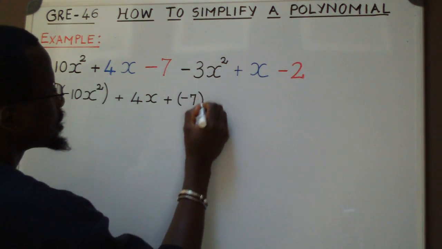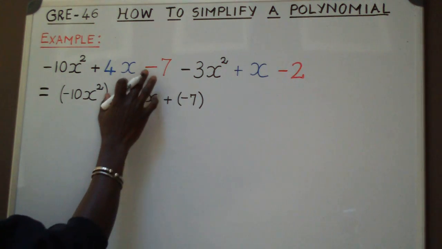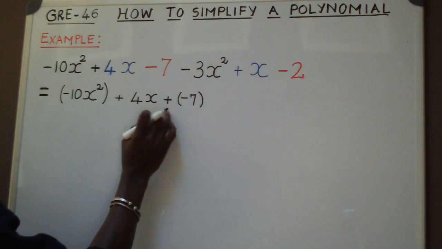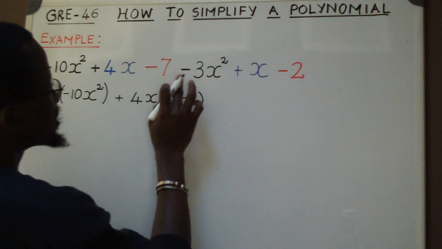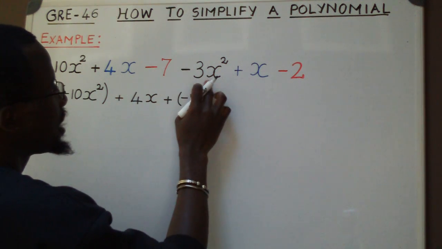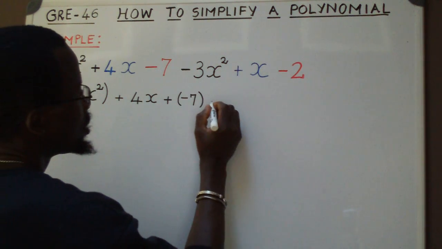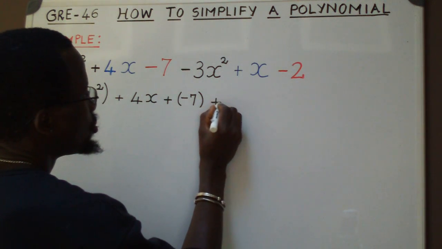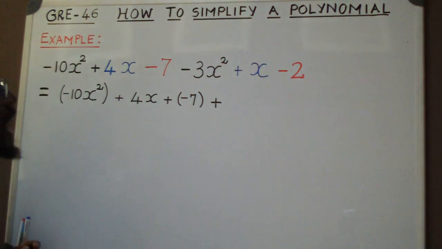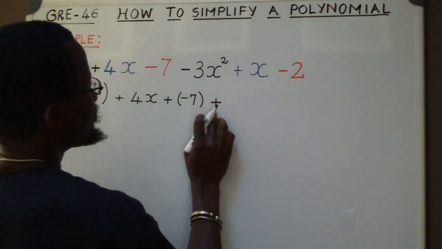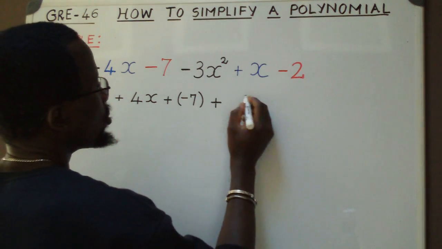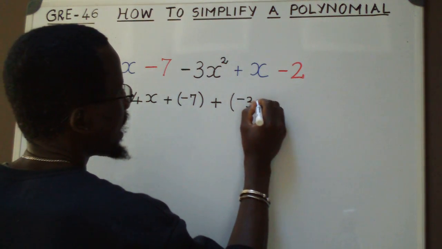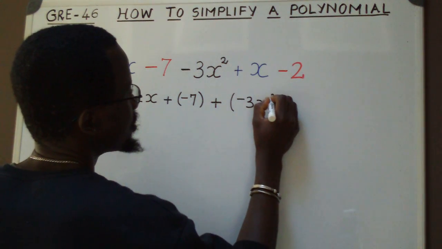So this is what I have then after transforming this subtraction into an addition of the opposite of the 7. Now I do the same thing with the minus 3x squared here. So I'm going to say that this is the same as adding to the expression on my left the negative of 3x squared. So here I'm going to write negative 3x squared like this, okay?